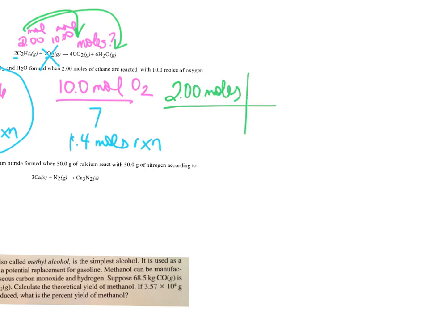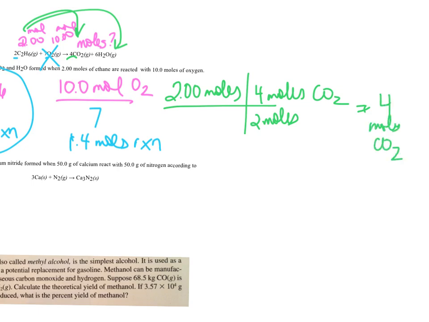And then I know that for every 2 moles of that, because of the balanced equation, I have 4 moles of CO2. So that means how many moles of CO2 do I have? 4. And that's how much product I have there.